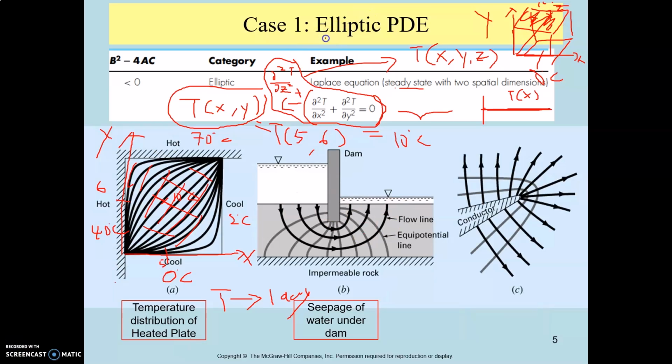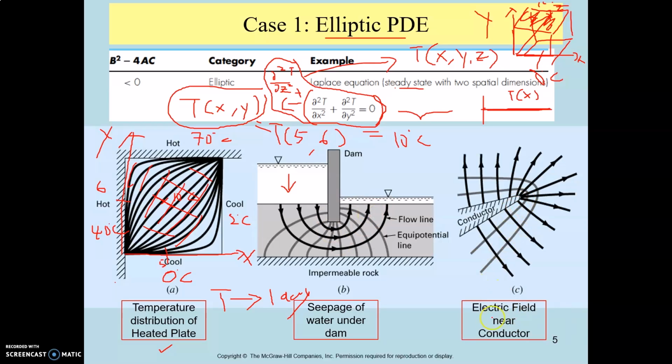So for the elliptic PDE, it can be applied to find the temperature distribution of the heated plate. It can also be used to find the water flow velocity within the dam. You can see that over time, the flow of the water will be constant and steady state. So we can use it to find it.